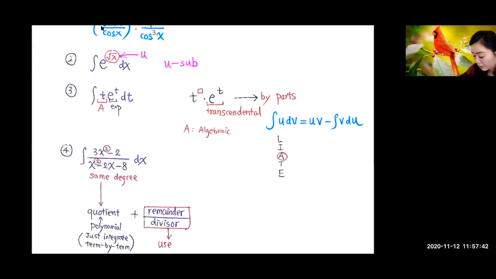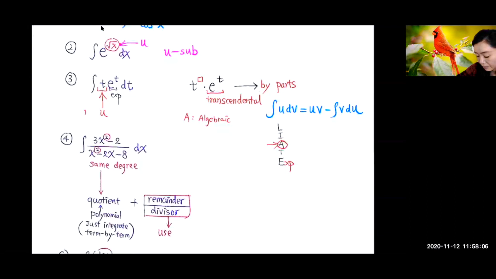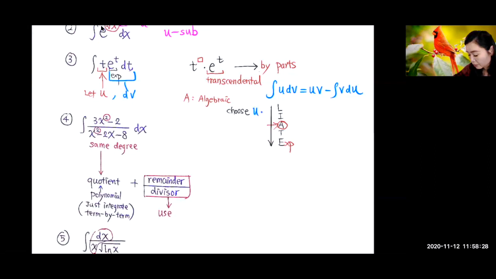So this one goes before this one, so we let u be this. And the remaining part over here we let be dv. So we choose u this way.